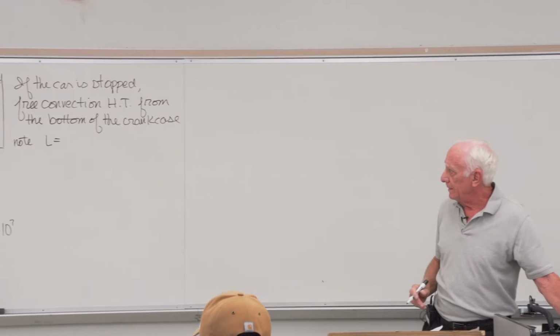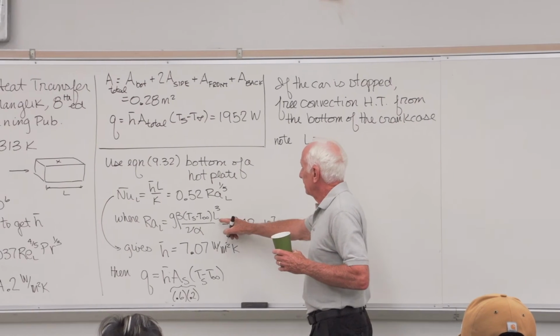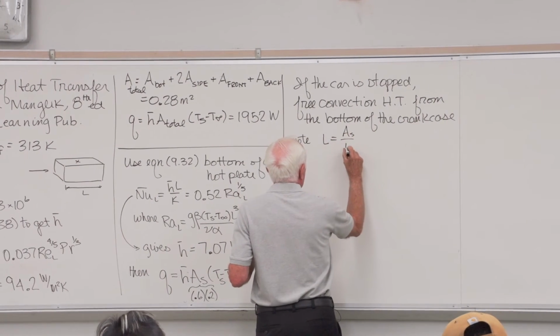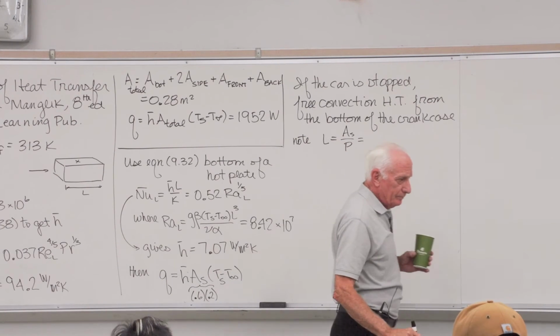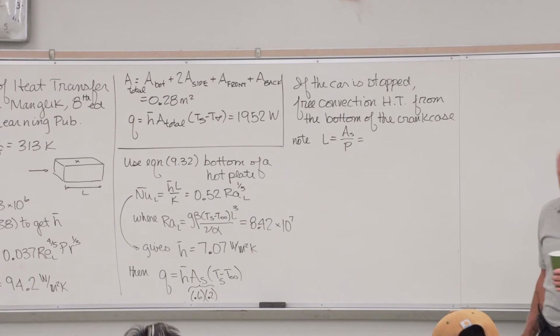What's L, the plate length? No, that's not the plate length. It's surface area over perimeter, 0.075 meters.